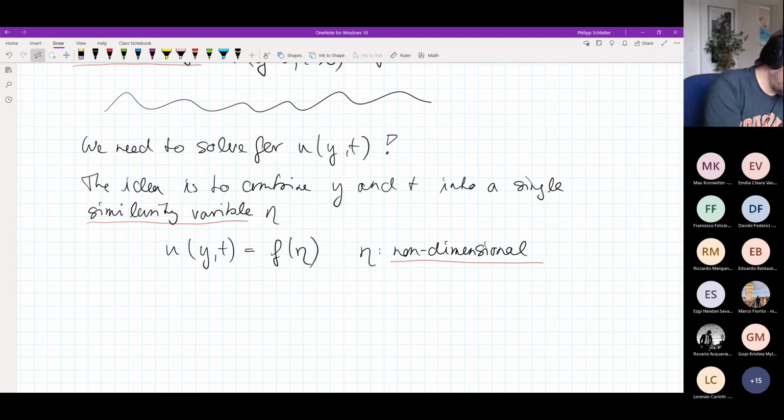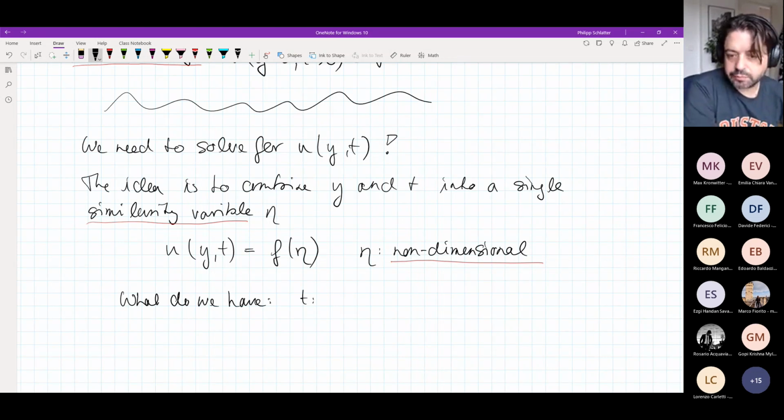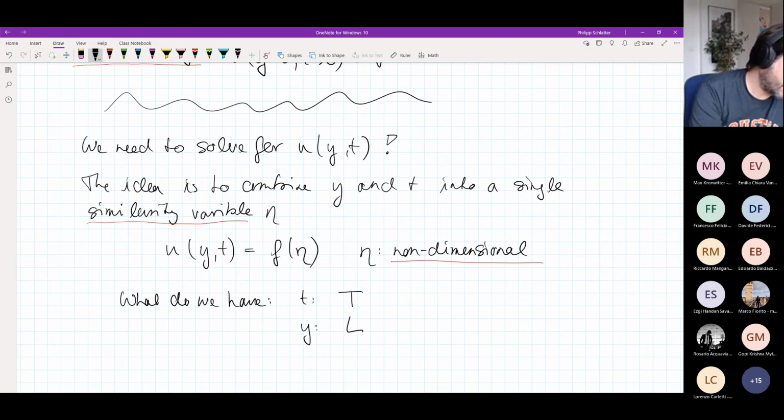Well, let's look at this. What do we have really? We have our time variable t, which has a unit of time, written with a capital T. Then we have the spatial variable y, which has a unit of a length, written with a capital L. What else do we have?